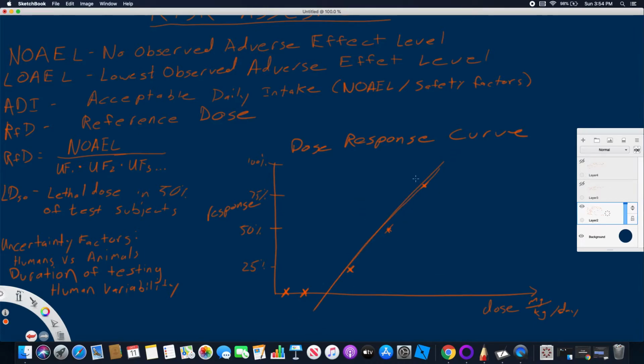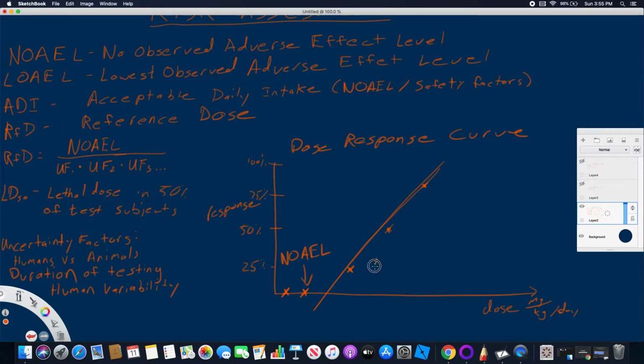Here is your slope, and this would be your NOAEL. This is your no observed adverse effect level, because at this dose there was no observed effect. Nothing that you could observe actually happened.